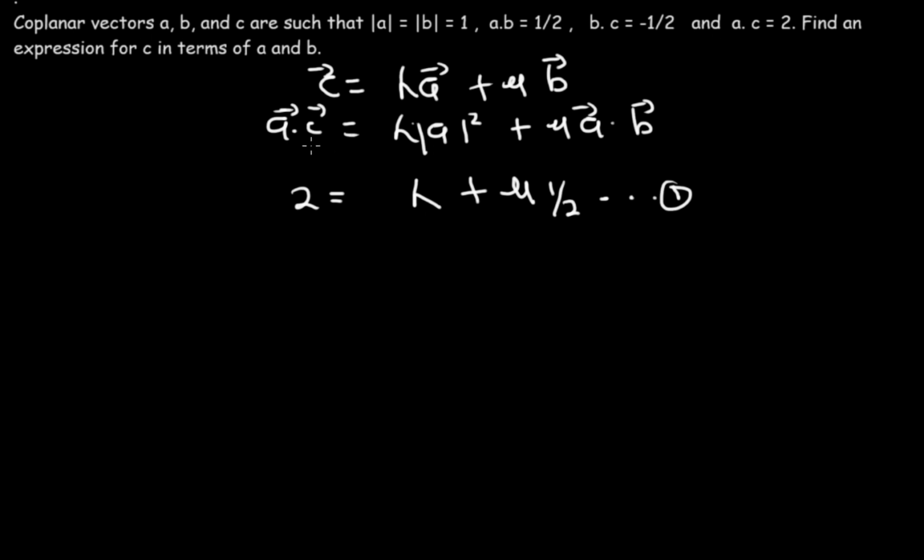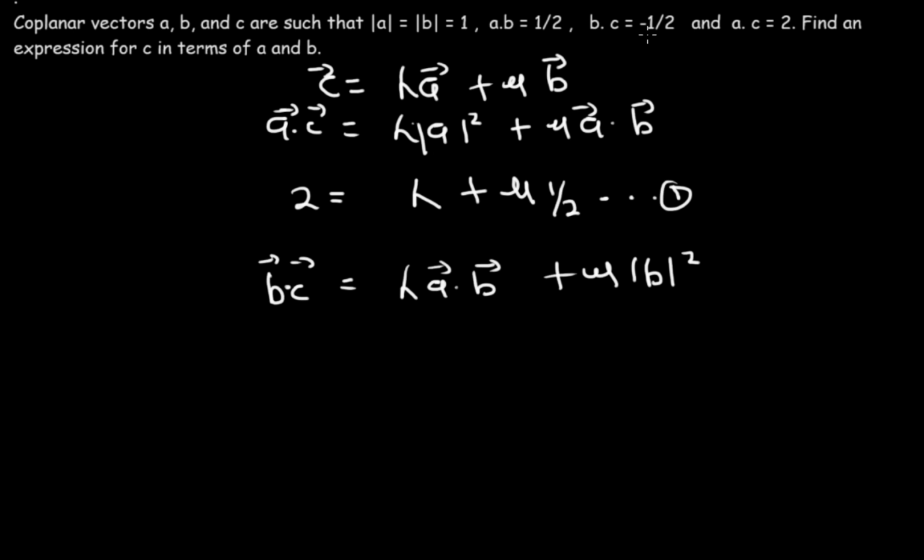Take note, in the first equation, we multiplied both sides of the equation by A. Now for our next equation, we are still going to use C equals lambda A plus mu B, but in this case we are going to multiply both sides of the equation by B. By doing so, we have B dot C is equal to lambda A dot B plus mu B squared, which is the magnitude of B squared.